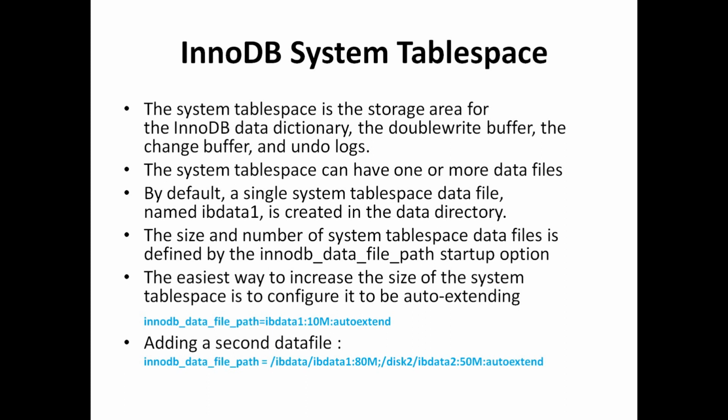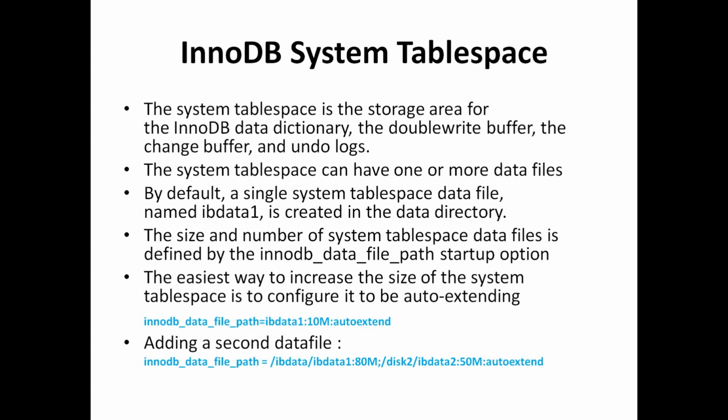Coming back to this system tablespace, it can have one or more data files. By default, a single system tablespace data file named ibdata1 is created in the data directory. The size and number of system tablespace data files is defined by the innodb_data_file_path startup option.